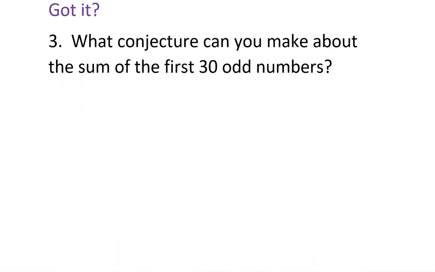Here's quadratic question number 3. What conjecture can you make about the sum of the first 30 odd numbers? So when we look at this one, the first odd number is a 1, the sum is 1. So term and the sum. Okay, so the sum is 1.